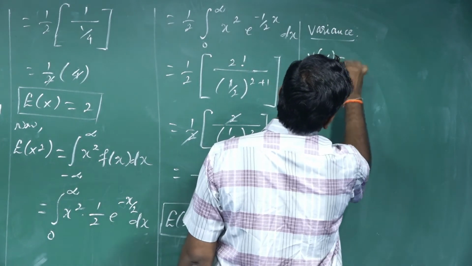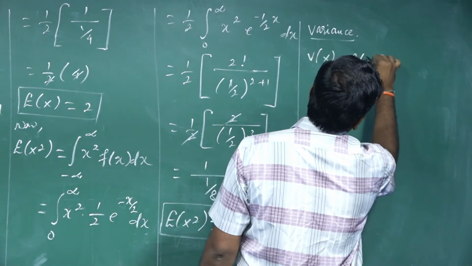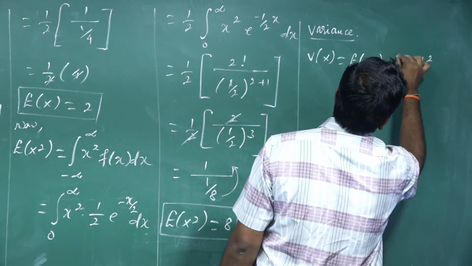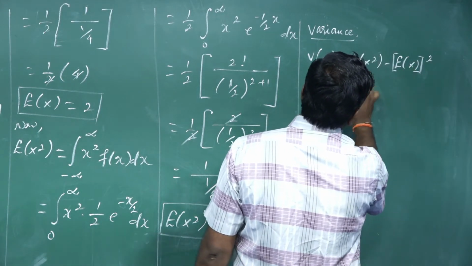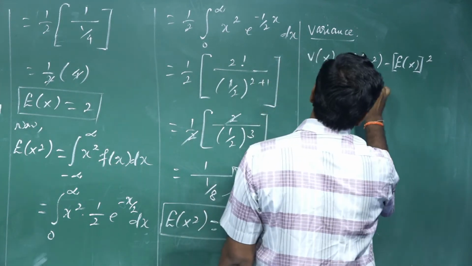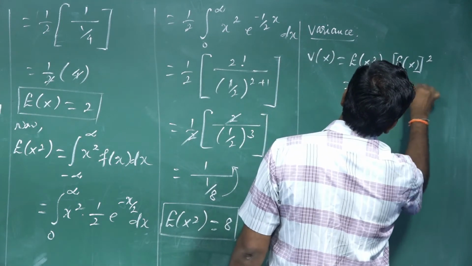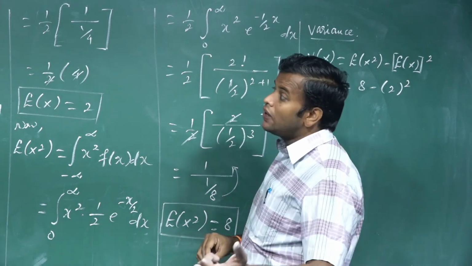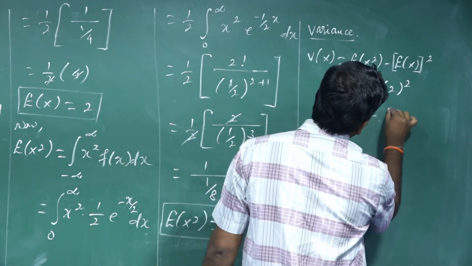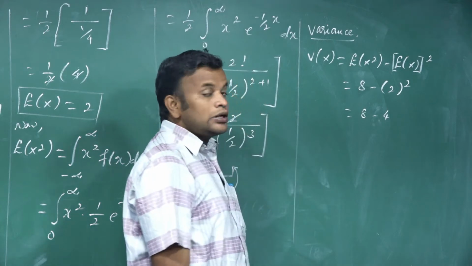The symbol is V of x, and the formula is E of x square minus E of x the whole square. We found the value of E of x square is 8, minus the value of the mean. We already found the mean is 2, so 2 square is 4.